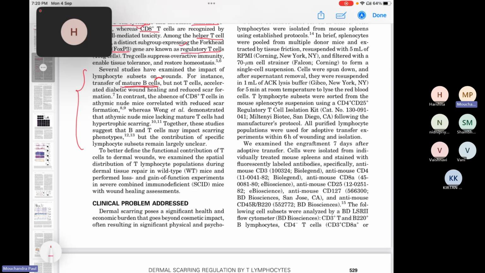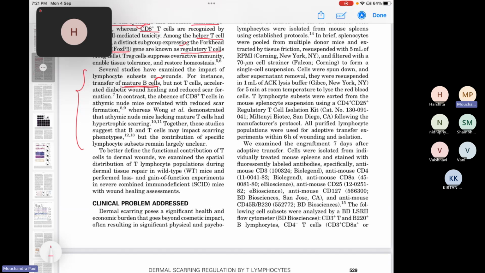That is SCID mice. SCID mice do not have lymphocytes, and they're going to see what happens in the absence of lymphocytes to the wound healing process.